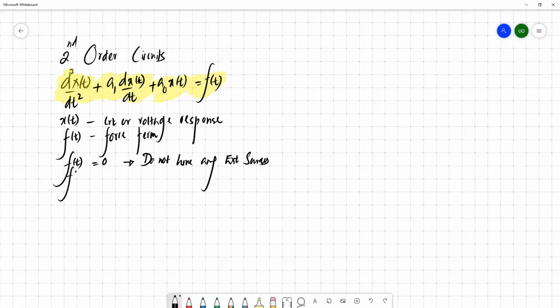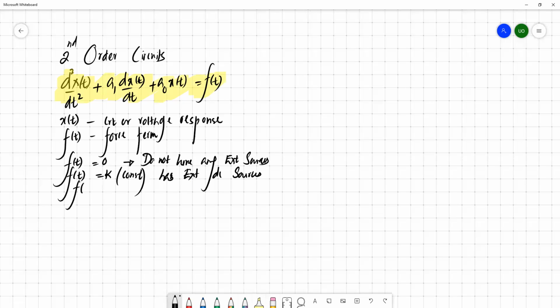If f(t) is a constant, we can claim that this circuit has external DC sources.